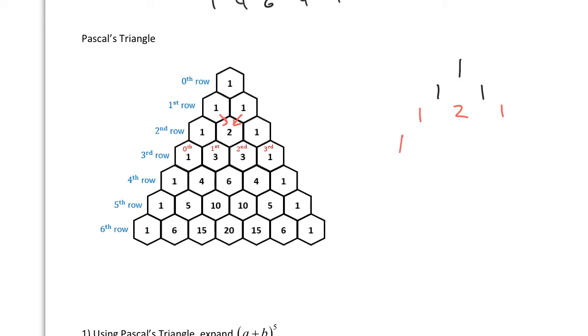So 1 plus 2 is 3, then 1s on the outside, 1 plus 3 is 4, 6, 4, 1. You can create this triangle very quickly on your own if you recognize the pattern, just always adding the two numbers above it.